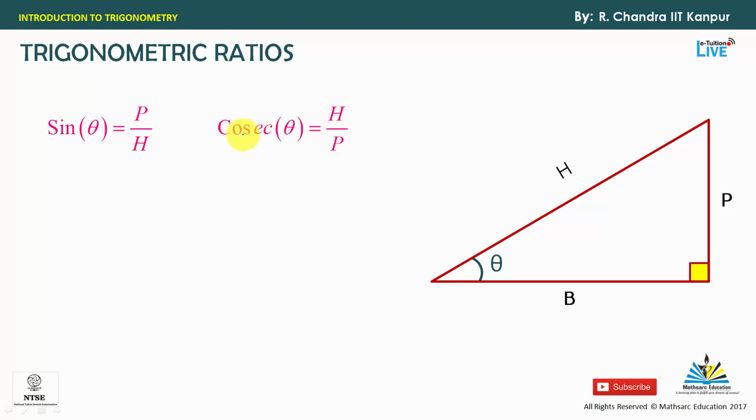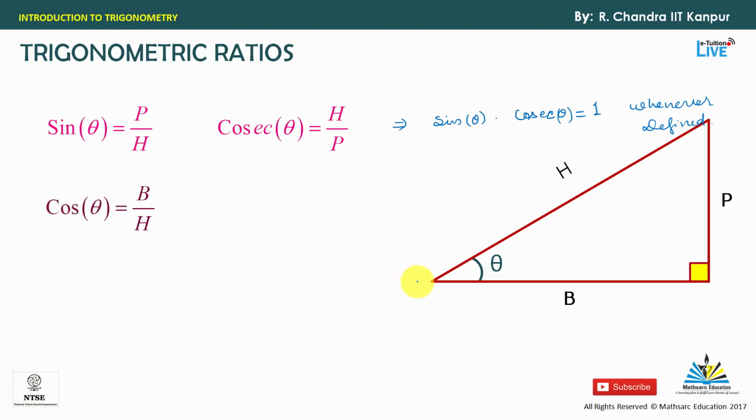So these two ratios are reciprocal of each other. So you can write sine theta into cosec theta is equal to 1, whenever defined.